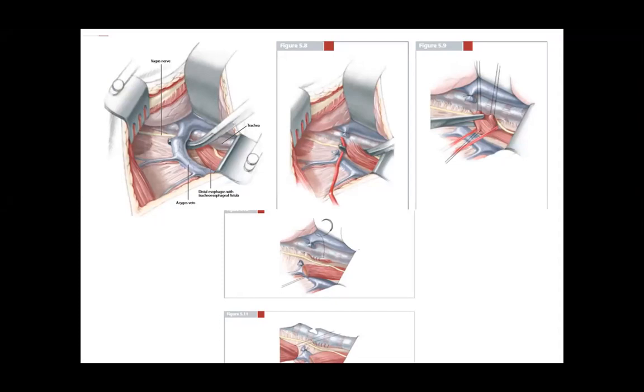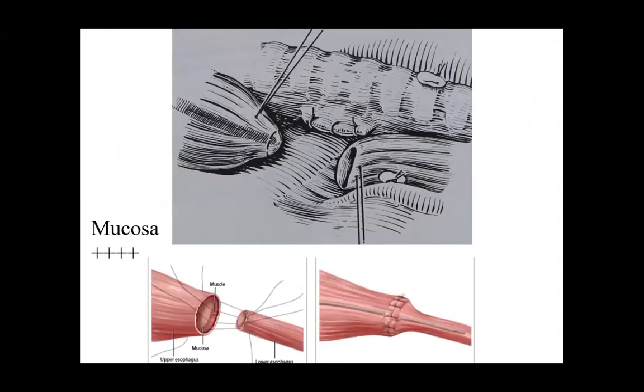And here, afterwards, we ask the anesthesiologist to push the gastric tube, so the upper pouch is stretched, and the upper pouch is freed from the surrounding tissue and dissected in order to pull it down to the lower esophagus. And here you must know that the upper esophagus is very well vascularized.